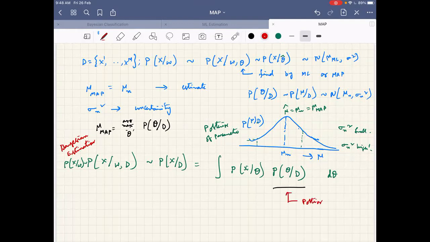Unlike the MAP and ML estimates, this Bayesian estimate now gives what? Will it give a parameter value?